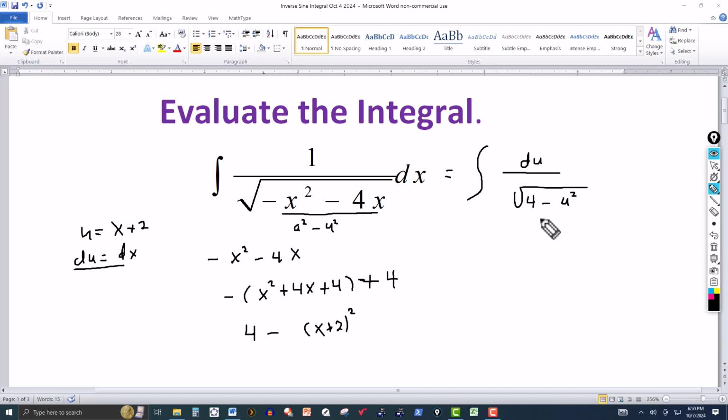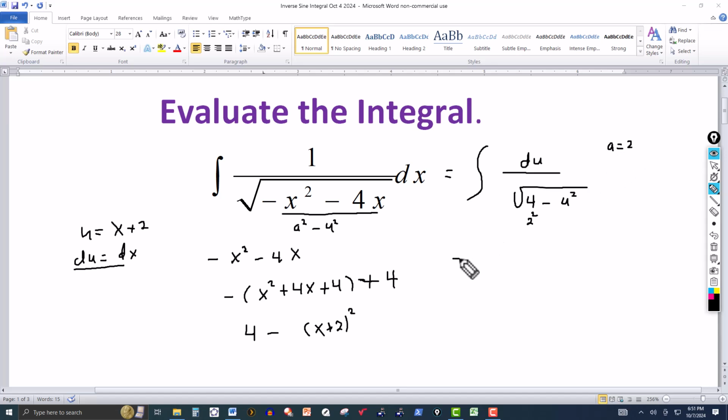Now, using this substitution, we have the integral in the form du over the square root of 4 minus u squared. So 4 is the same thing as 2 squared. So in that formula we just looked at, a would be 2.